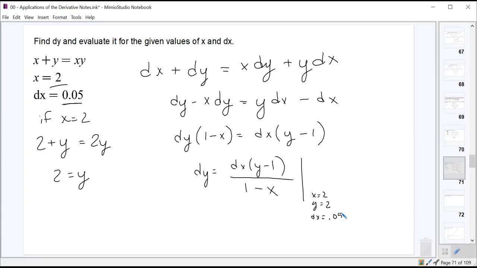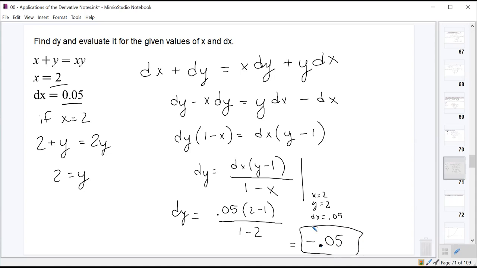We should end up with 0.05 times 2 minus 1 over 1 minus 2, which will give us a 1 over a negative 1 there. So it's just a negative 0.05. That's telling us that on that particular equation, if the x value goes from 2 to 2.05, the y value will actually drop from 2 by 0.05 units approximately.